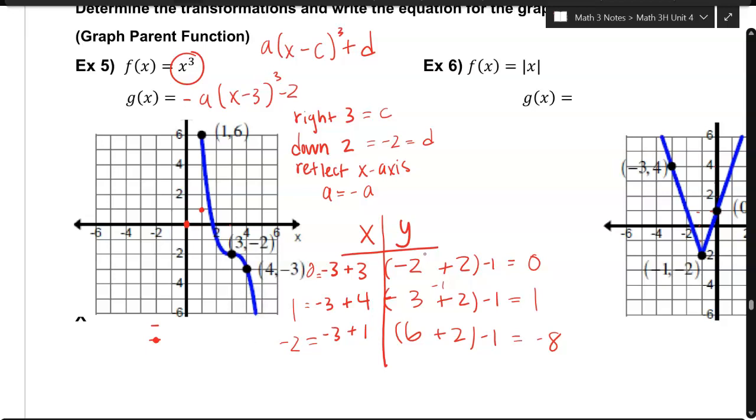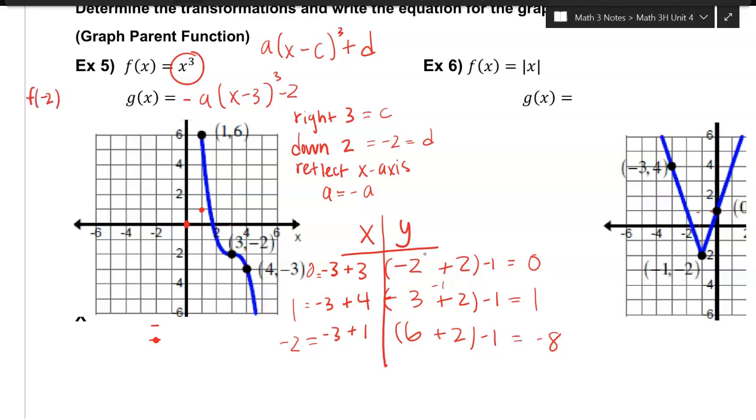Now you can check that in your original parent function. So f at -2, -2 to the third is going to be -8. And then f at 1 is going to be 1 to the third, which is 1.